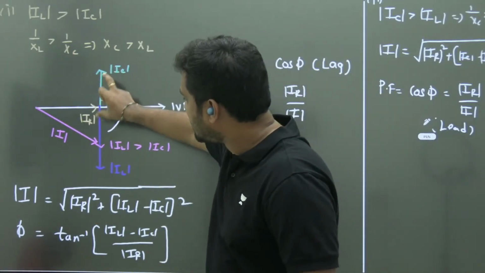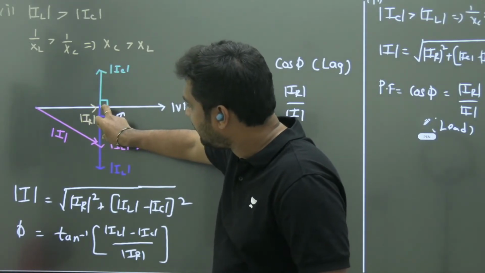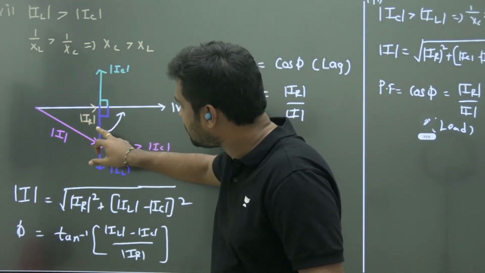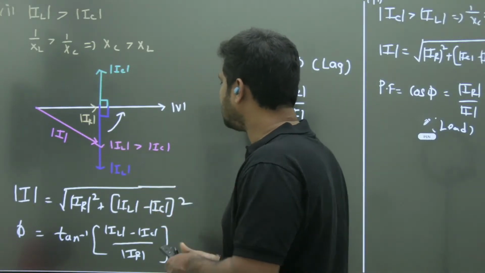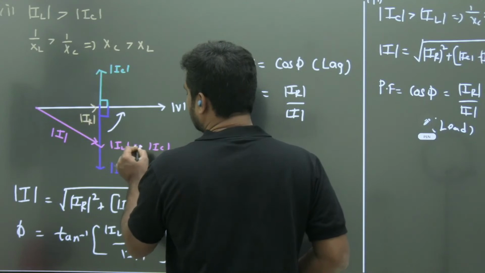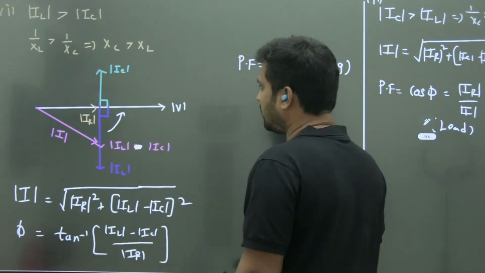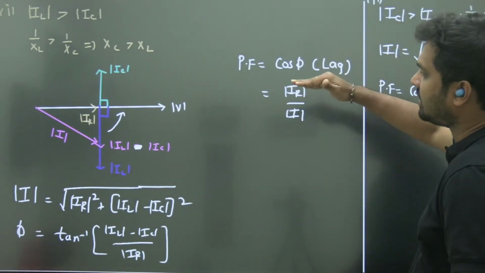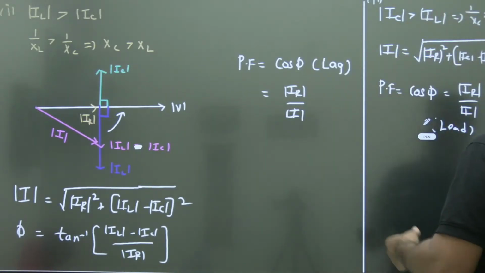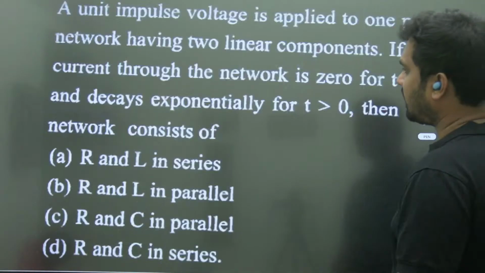Then this is IC, this is IL. Result will be IL minus IC. Overall is root of IR square plus IL minus IC whole square. Phi equal to tan inverse of IL minus IC by IR. The same way if IC is more, you get it on the other side. If IC and IL are equal, you get IR equal to what we call I, and power factor is 1.